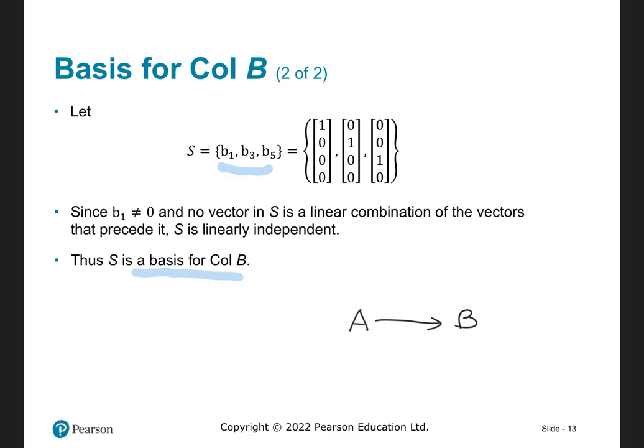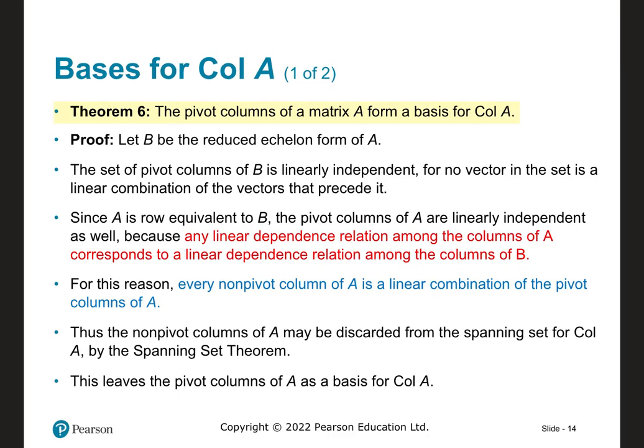So then, how can I find a basis for the column space of the A matrix? That is the question we want to consider here. And the claim is that the pivot columns of a matrix A form a basis for the column space of A.